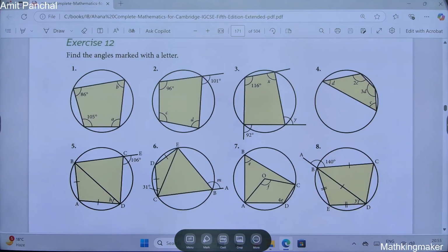E is 36. Again doing the same mistake. Yeah, E is 36. F is 72.